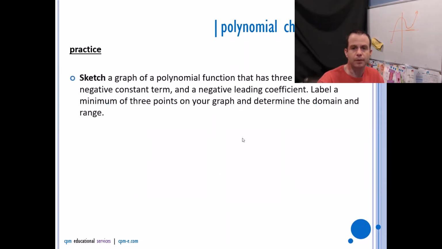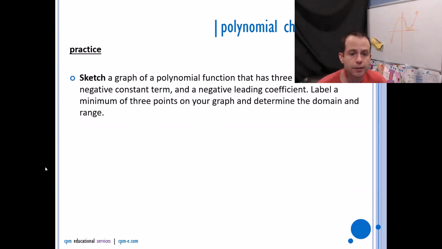Okay. Sketch a graph of a polynomial function that has 3 x-intercepts, a negative constant term, and a negative leading coefficient. Label a minimum of 3 points on your graph and determine the domain and range. Okay, so if I want 3 x-intercepts, that's fairly easy.